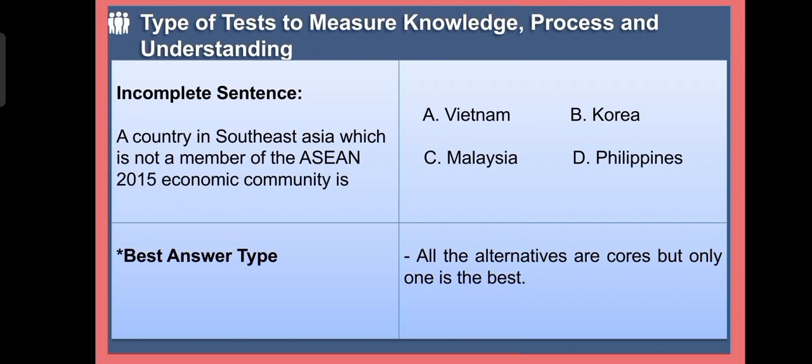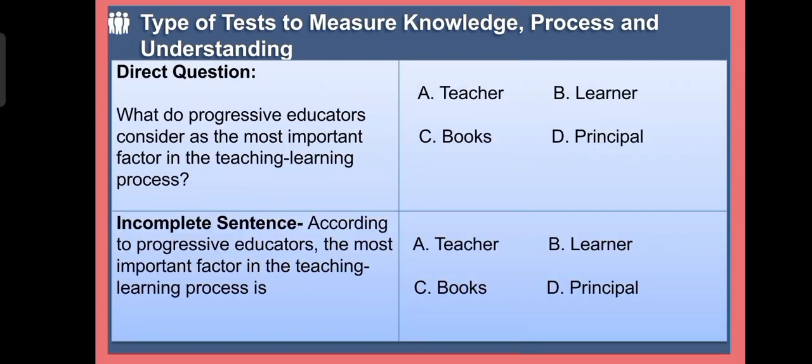Next, best answer type. All alternatives are correct, but only one is the best. Direct question: What do progressive educators consider as the most important factor in the teaching learning process?